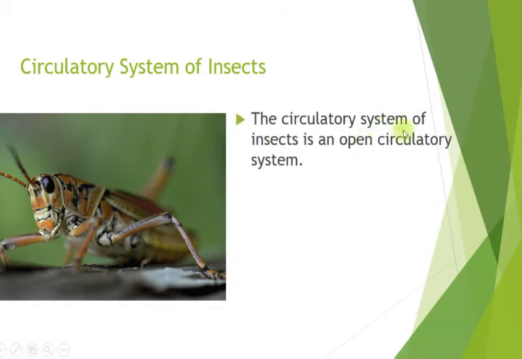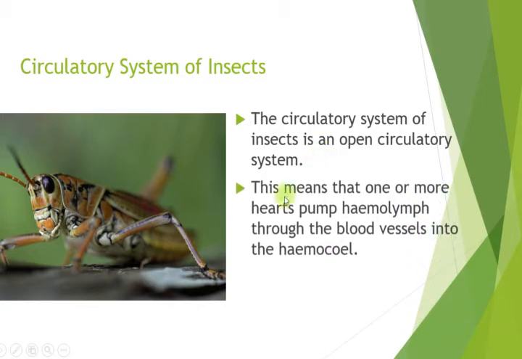The circulatory system of insects is an open circulatory system. What does it mean? One or more hearts pump hemolymph. What is hemolymph? It is a blood-like liquid, which is nutritious and contains nutrients.